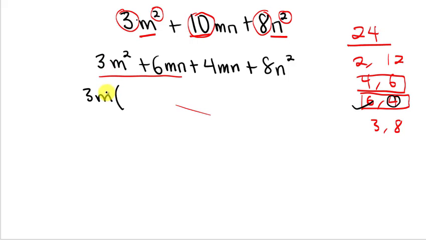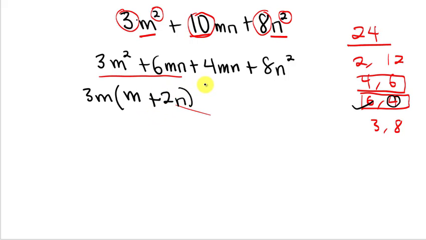When you factorize 3m from the 3m squared, you are going to be left with m. You bring the operation, that is the plus. Once again, 3m. When you factorize that from the 6mn, you are going to be left with 2n. So you close the bracket. Therefore, we are done with the first two terms.